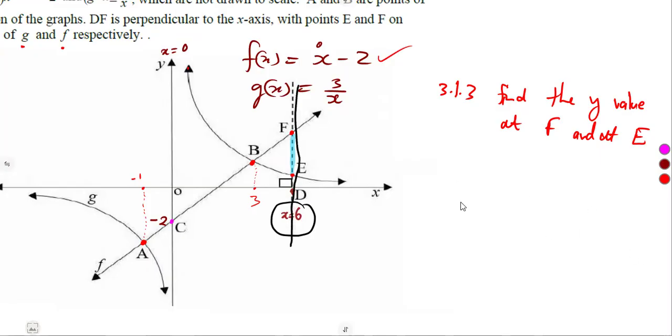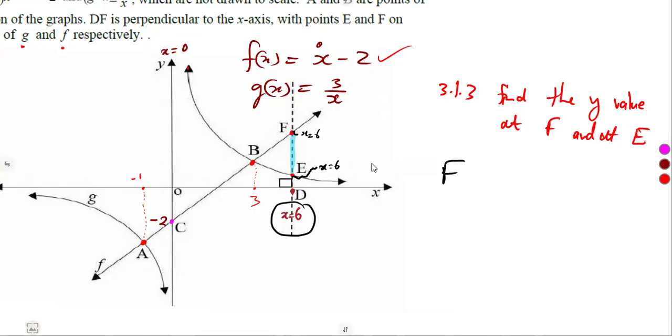It means, guys, a vertical line has the same x values throughout. At E here, X is equal to 6. At F here, as long as we are on this line, X is equal to 6. So we can take advantage of that.